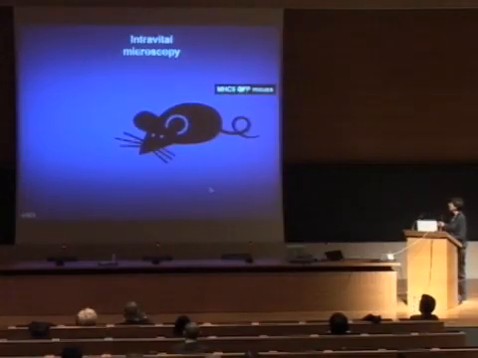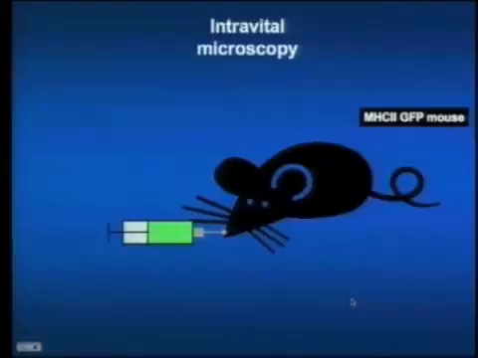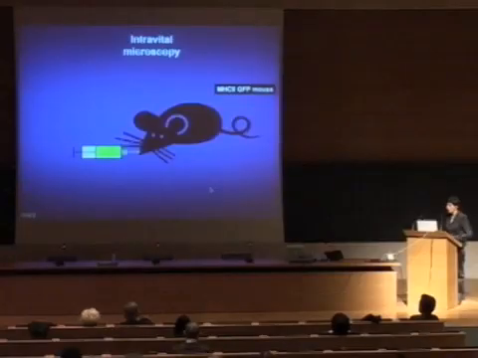What we used was a mouse in which all the MHC class II bearing cells were also positive for GFP, because this was a fusion under the MHC class II promoter. And you could see all the dendritic cells green because they were expressing MHC class II. Then you can give the bacteria orally, for instance, green Salmonella.